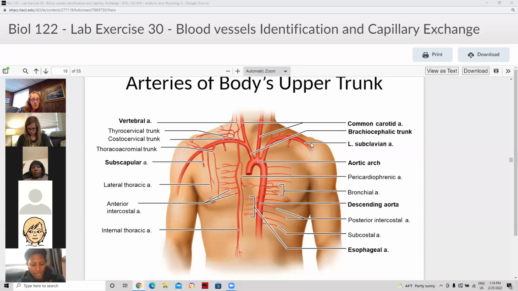The left subclavian artery, aortic arch, descending aorta, some esophageal arteries here.